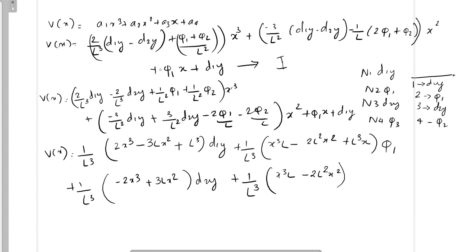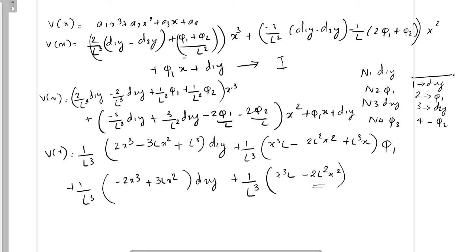Phi 2 minus 2, phi 1 plus phi 2. We have to check whether it is minus 2 L square or minus L square by 2. Minus L square by 2, we put minus L square by 2. I think in the previous step it is plus pi 2 L square, 2 pi 1 plus pi 2, the second term.